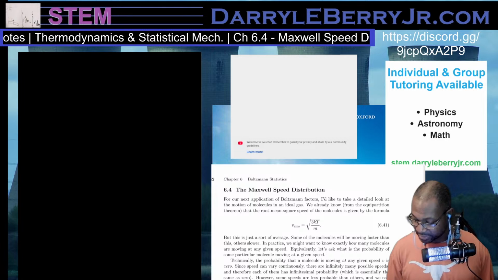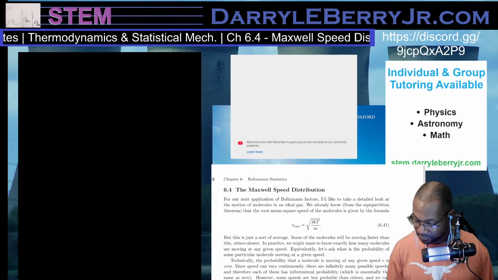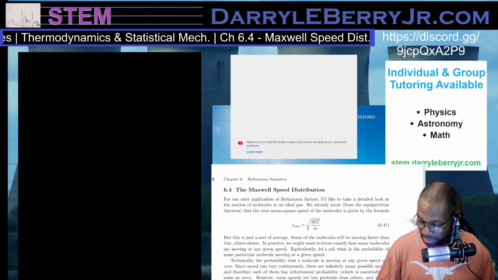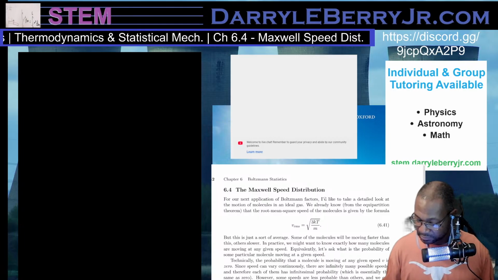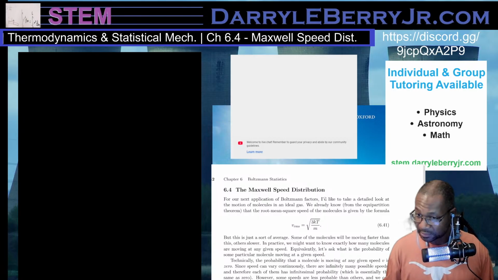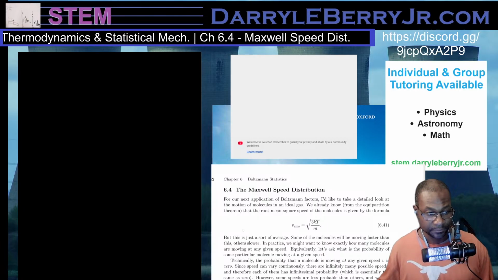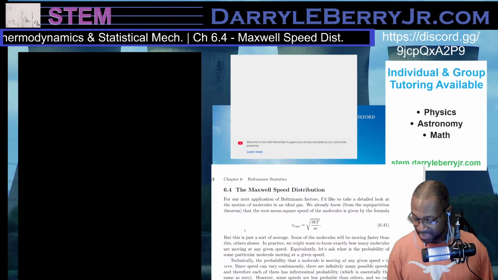So that seems to be how they get that from the equipartition theorem and the basic formula for velocity. But this is sort of an average.